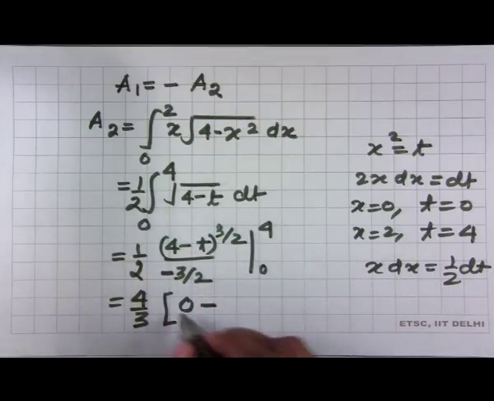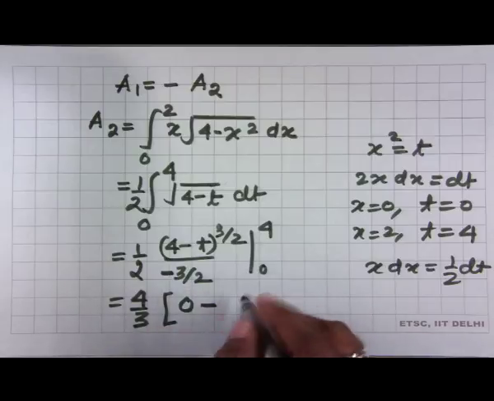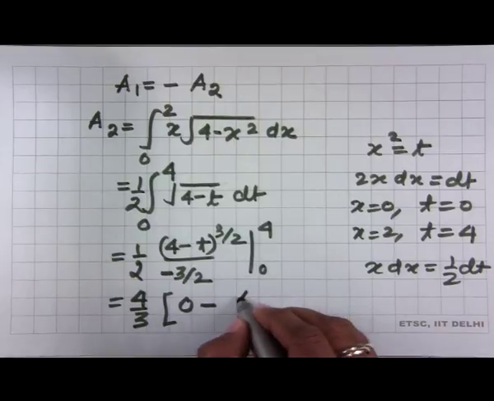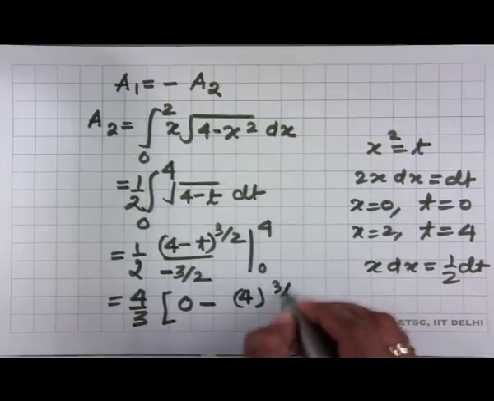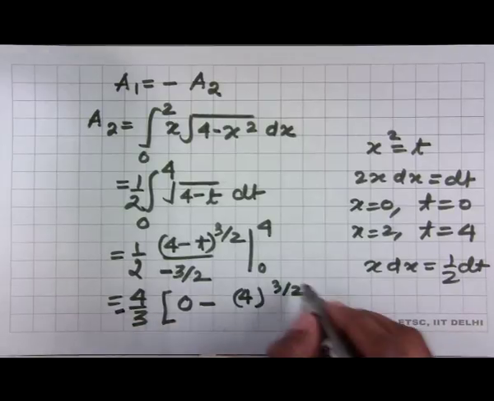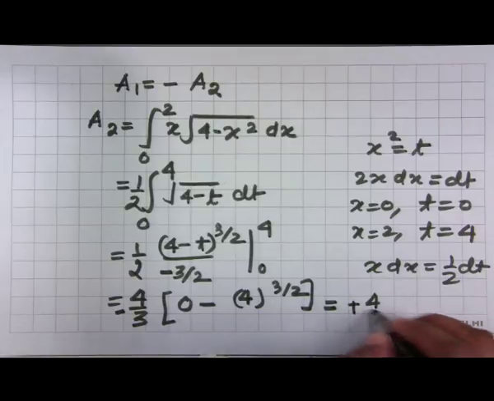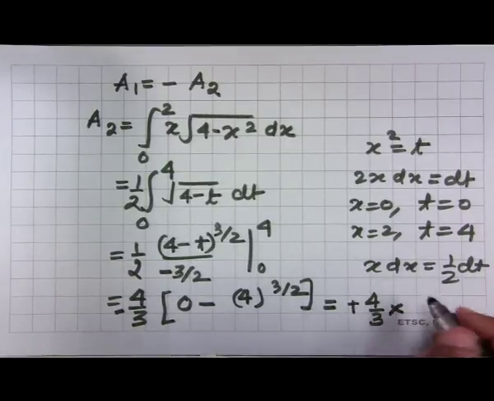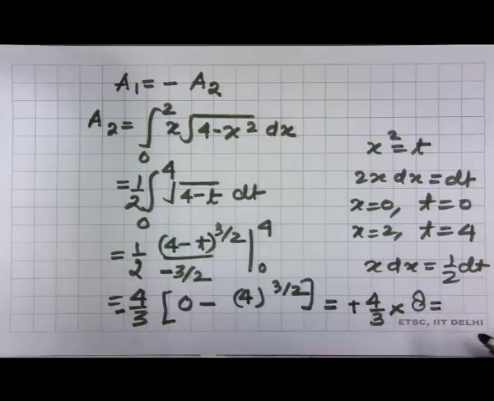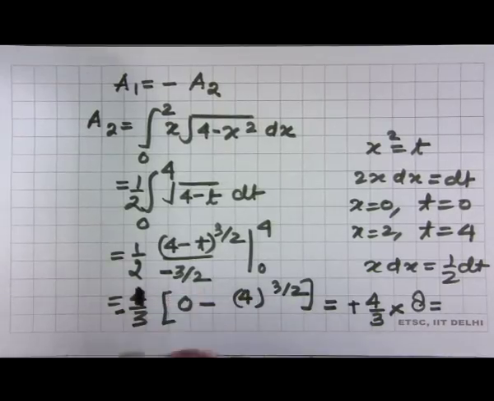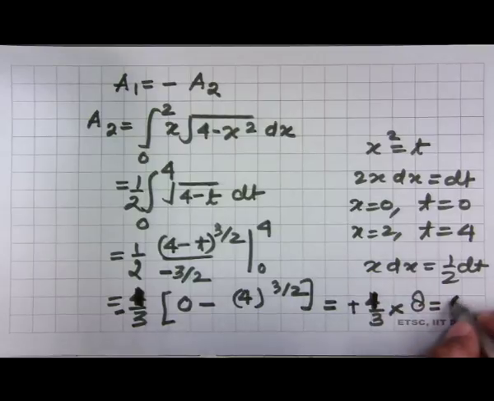So at 4 it will be 0, and then at 0 it will be 4 to the power 3 by 2 with a minus sign. So you get minus plus 4 by 3 into 8, sorry, we have one mistake here. We get 1 by 3, so finally we get 8 by 3.